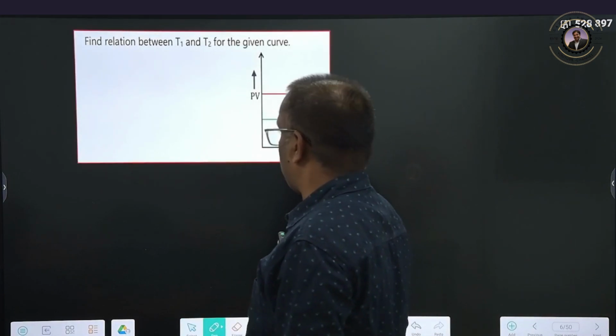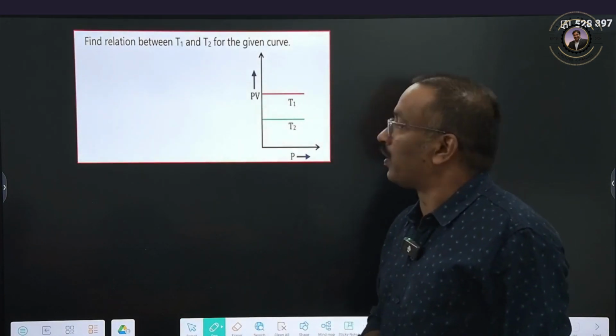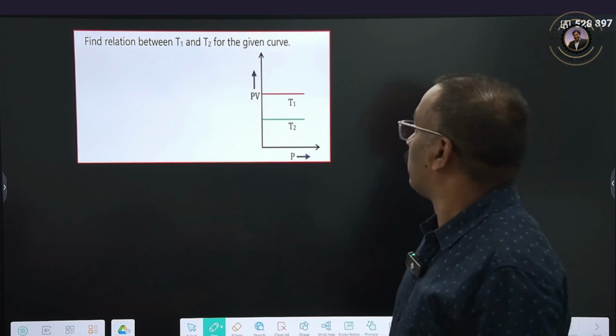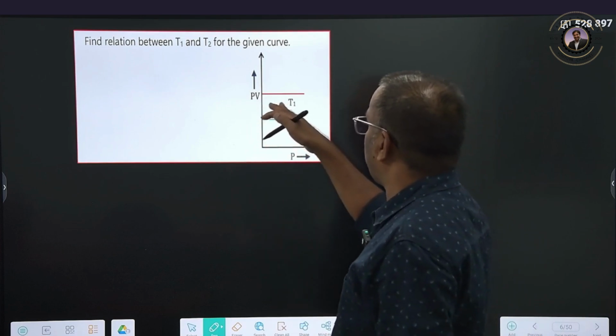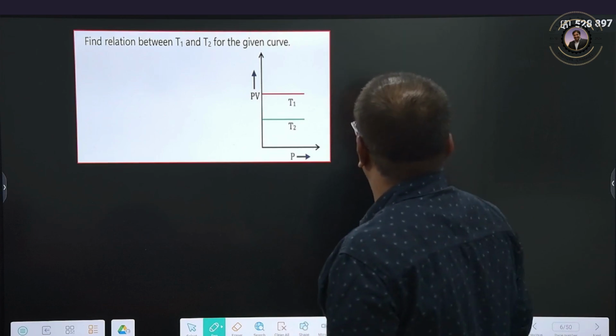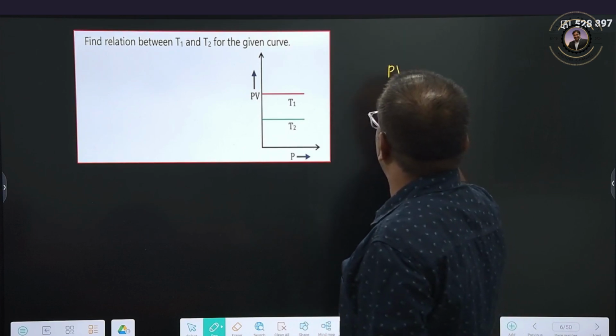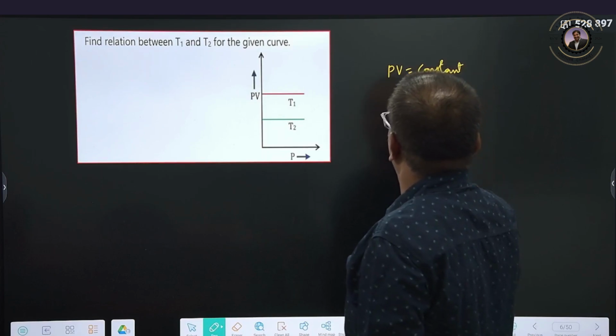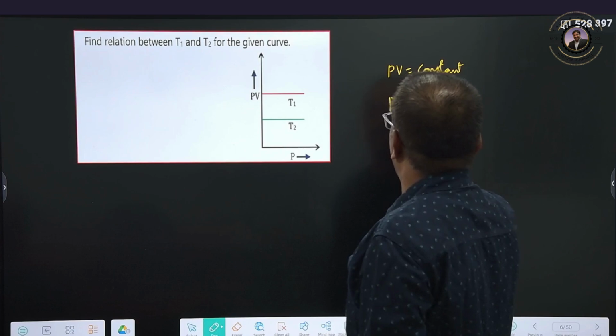This question is on graph relations. He is asking what will be T1 and T2. Here PV is shown as constant, but PV equals nRT.